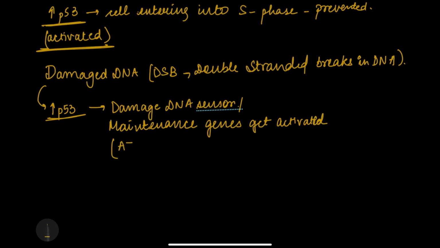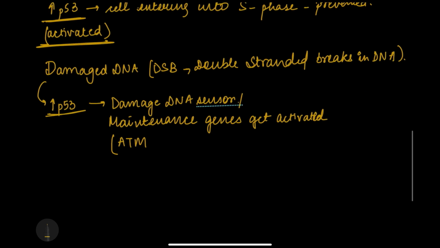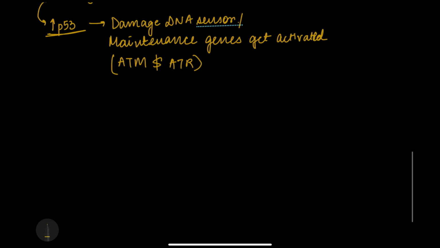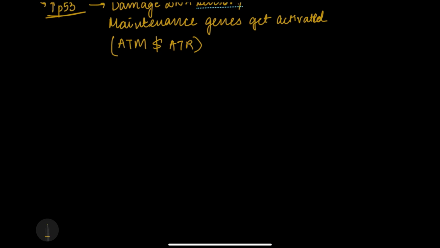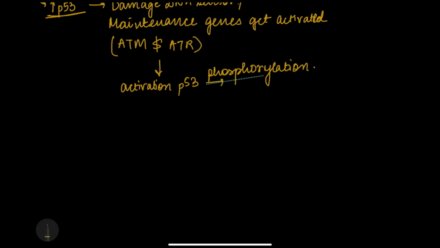These are ATM and ATR. They get activated, right, which leads to the activation of p53 by its phosphorylation, right? After phosphorylation, p53 gets activated, and it also leads to the activation of p21.